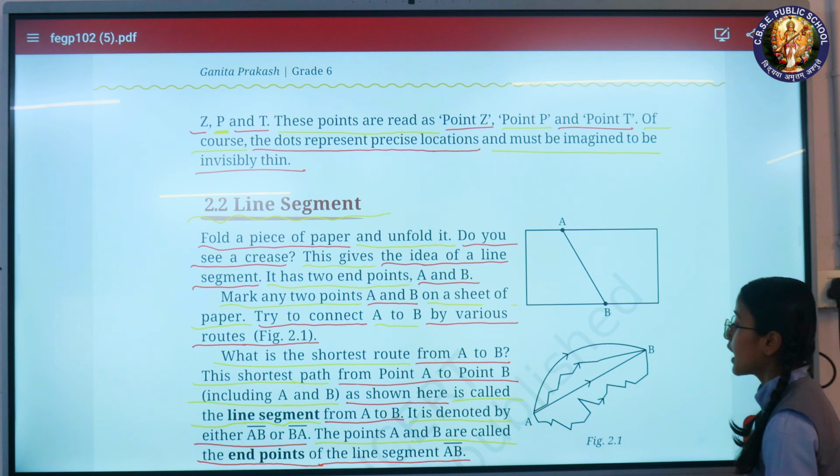The points A and B are called the end points of the line segment AB.